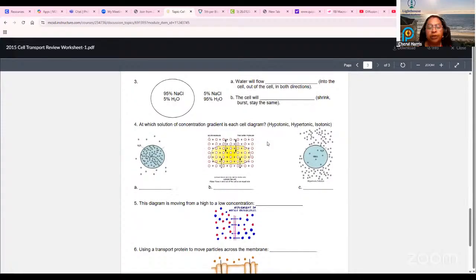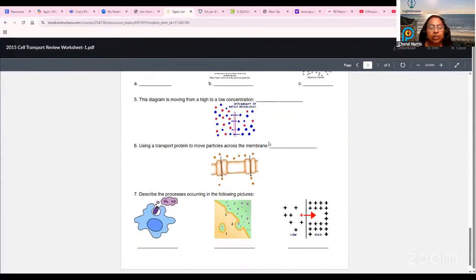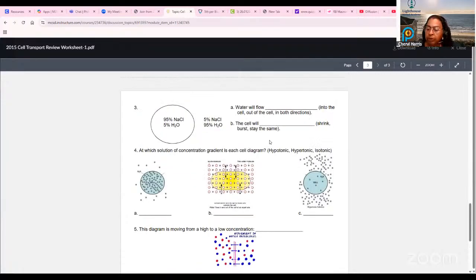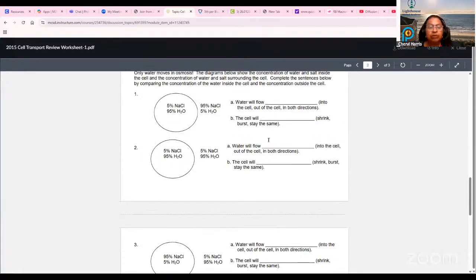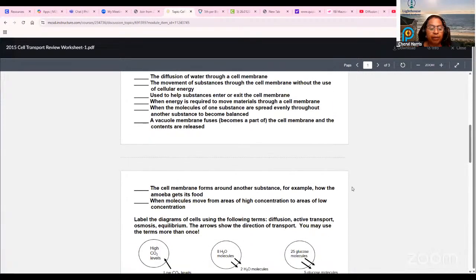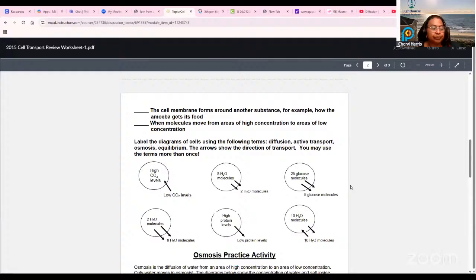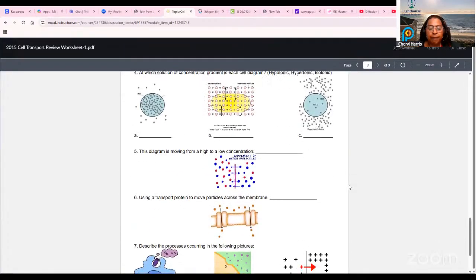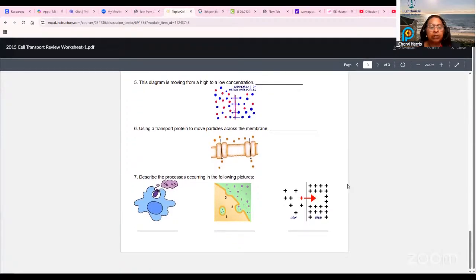Here you've got some pictures. Let me give you a few minutes because it's almost time to go. I'm going to give you a few minutes just to work on this top part, and then we'll look at the other part later. If you can get to these, because we haven't talked about what endocytosis and exocytosis are, and that's what this last question is about.